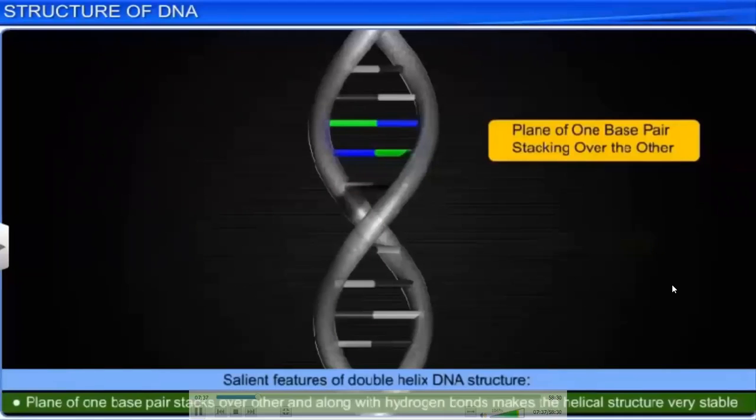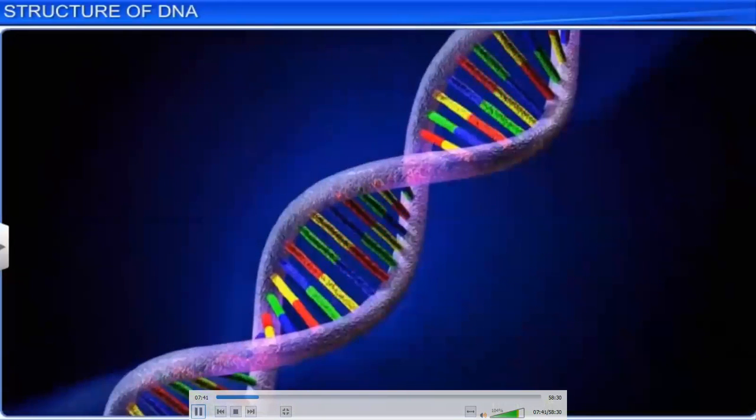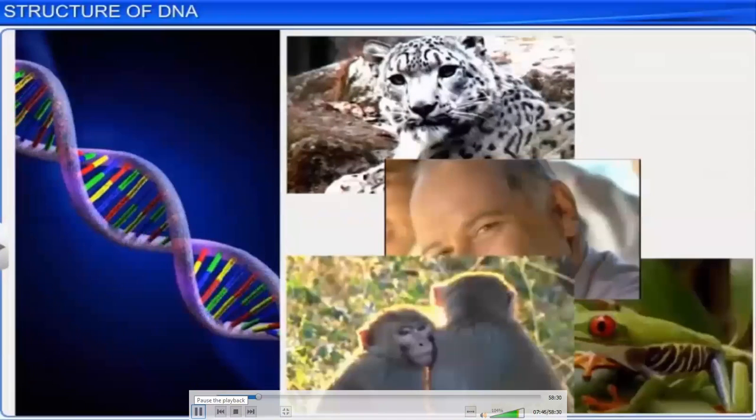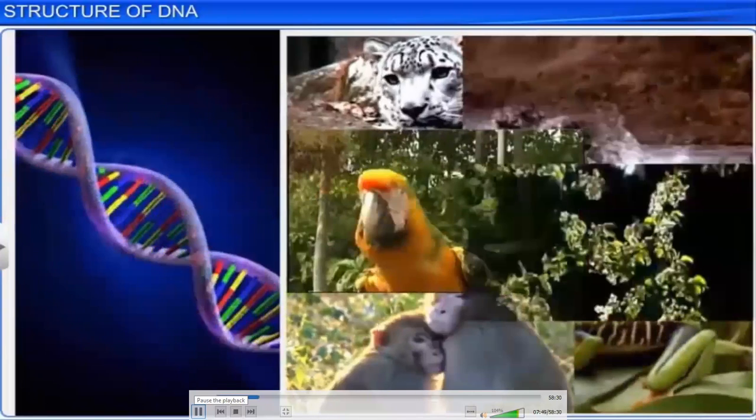Hydrogen bonds make the helical structure very stable. A stable DNA helix structure allows it to be the genetic material that has instructions for the development and functioning of all known living organisms.